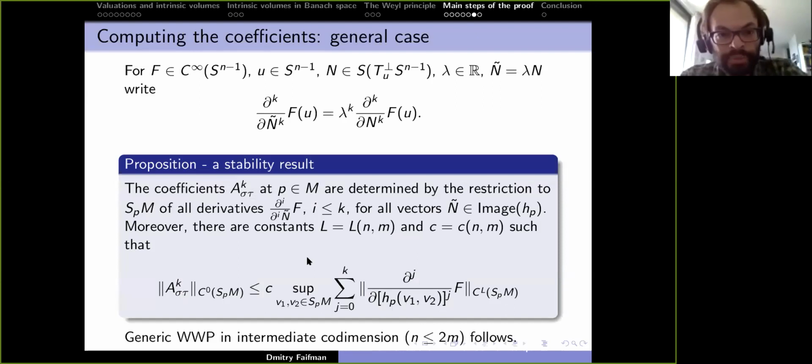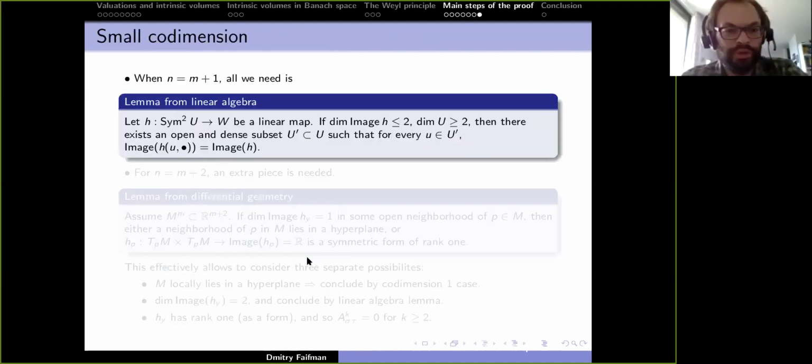What happens in small codimension? Here there are two tricks. One is from linear algebra and tells you that if you have a symmetric form and the image of the symmetric form in the space is at most 2-dimensional, then in fact for almost all vectors you have this identity.